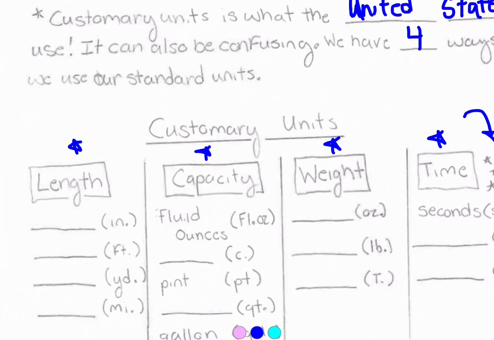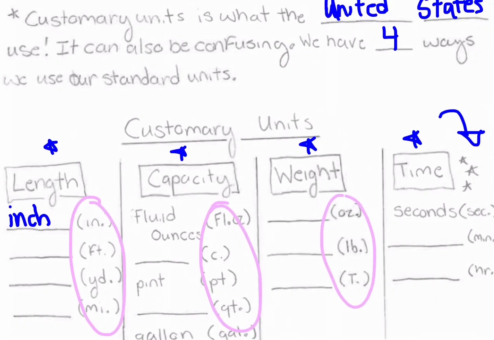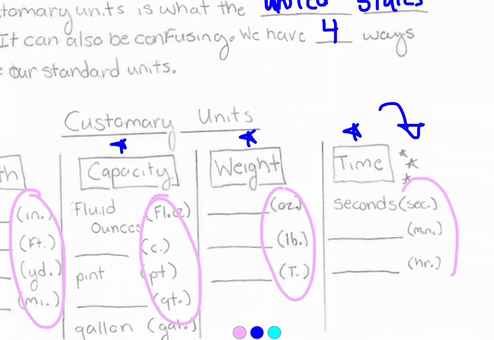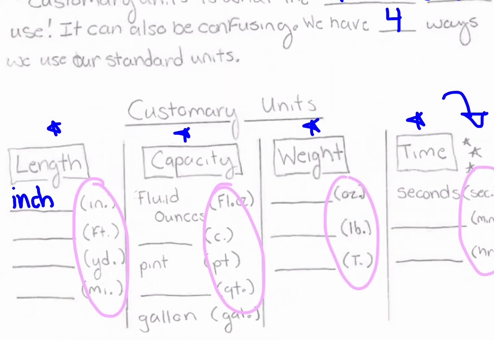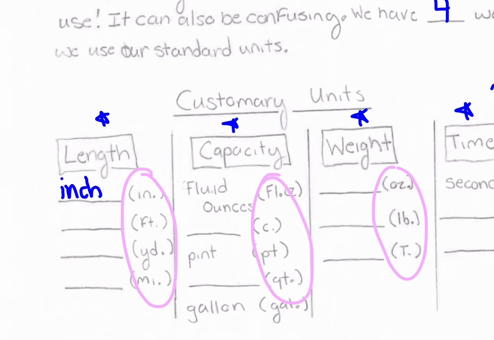Length is the measurement of how long something is, how wide something is. Your smallest one is going to be called an inch. And over here, you're going to have all your abbreviations, meaning most of the time people aren't going to write it all the way out. They're going to write it for you in shorthand. So what I have circled in that pink is your shorthand, how you're going to see it, especially in measurement with geometry.